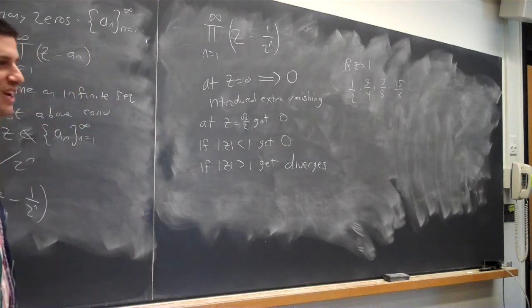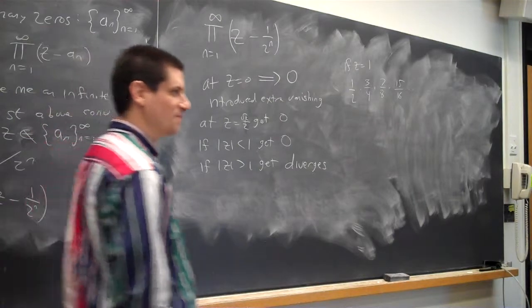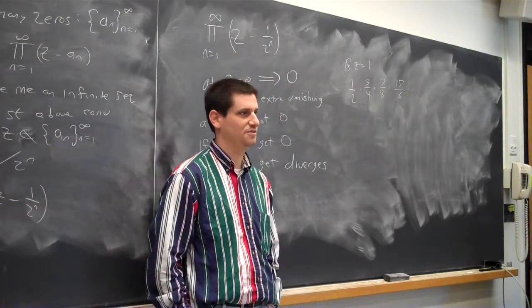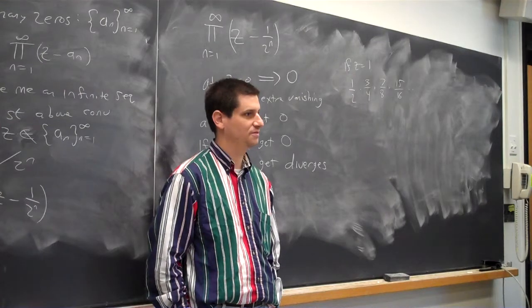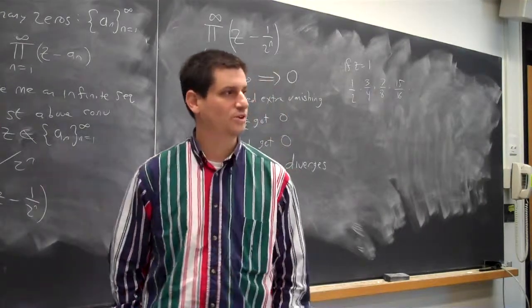We have a chance of convergence. This could converge. What do you think? I mean, the factors are getting close to 1 pretty fast. What should we do?